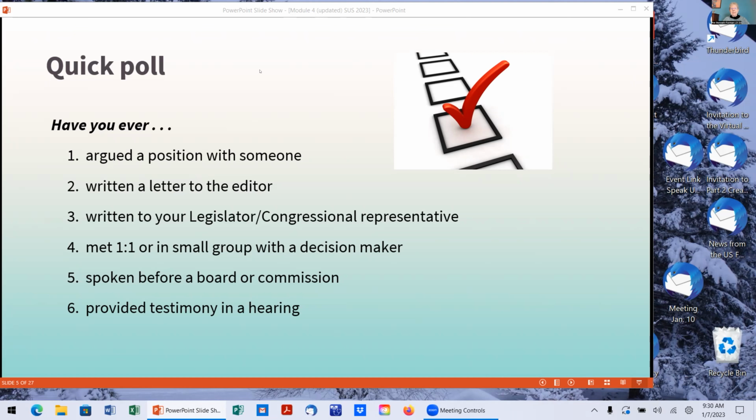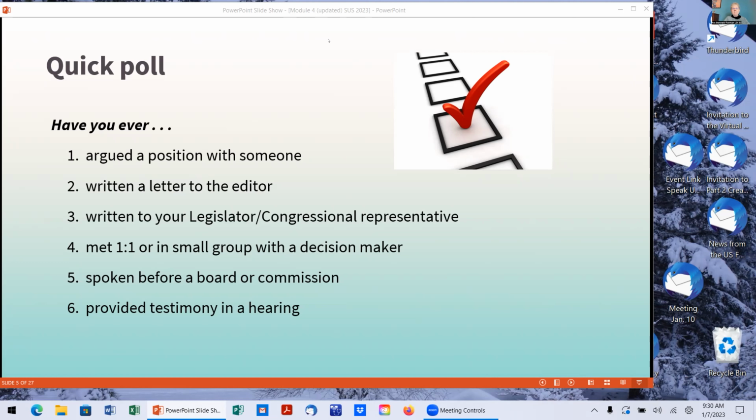I'm really excited to see how many people have written to a legislator or congressional representative or met with one. So this is kind of an advanced group here. I'm loving that. So our goal today is to make sure that you have the information and skills to make those meetings and those communications as effective as possible.